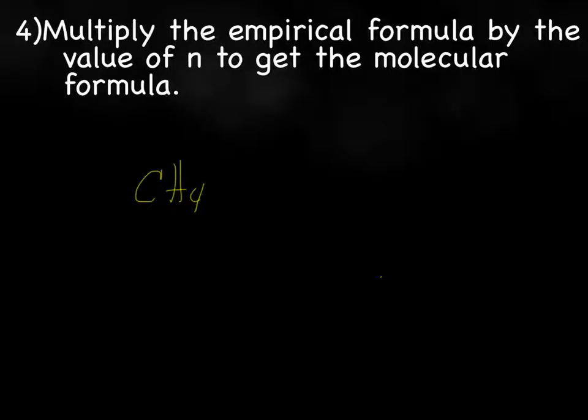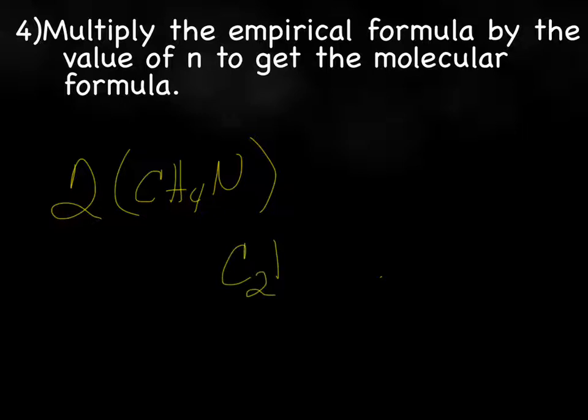Our empirical formula at the beginning of our problem was CH4N. We multiply this by our N, which is 2, and we end up with C2H8N2. And that's really all there is to a molecular formula.